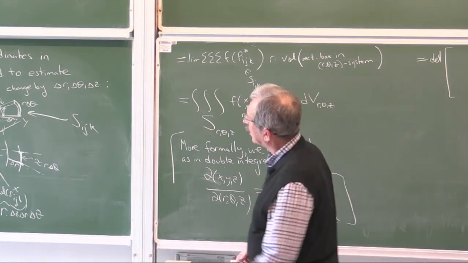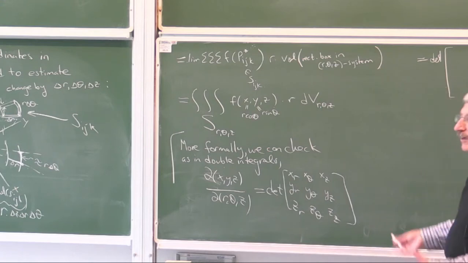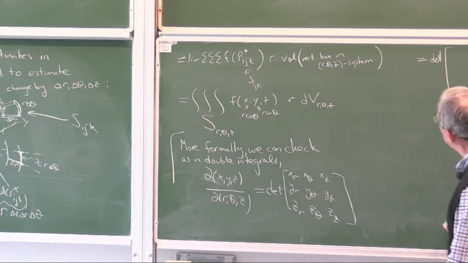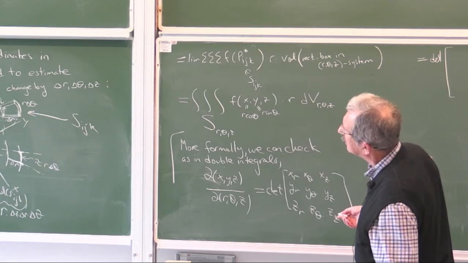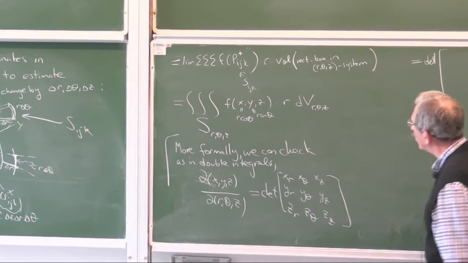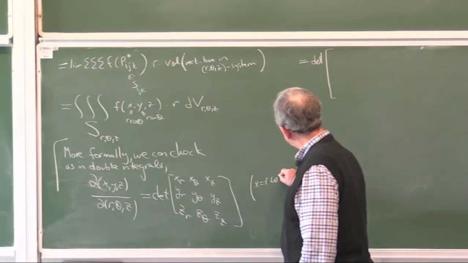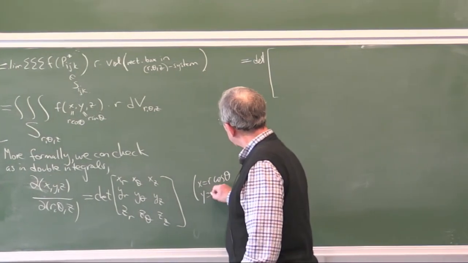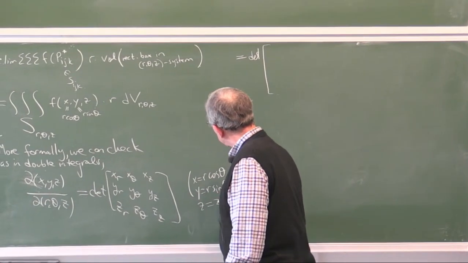Well, of course, x is r cosine theta again. Here I did not do those conversions, but they are the same as in polars. Let me just say here x is r cosine theta, y is r sine theta, because these are the polar variables, z is z.